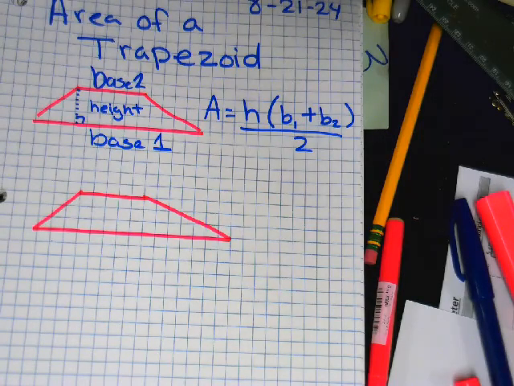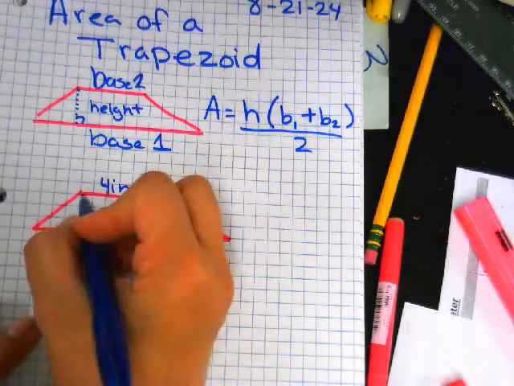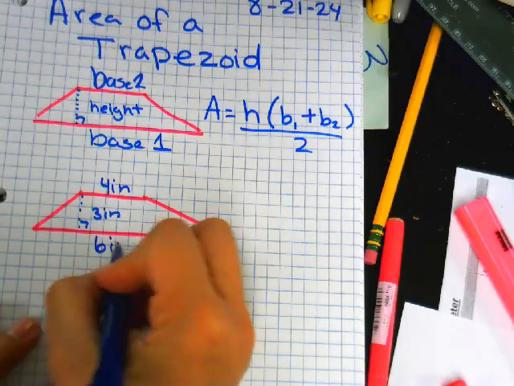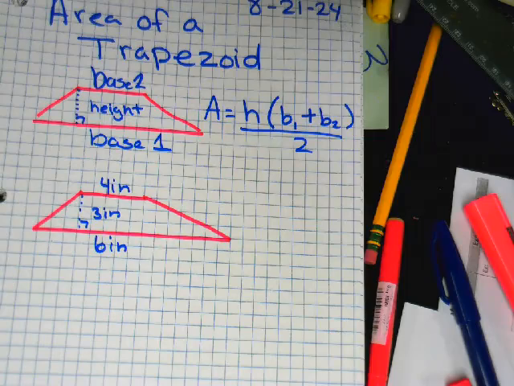My first one. Interesting. All right, let me give you some numbers. 4 inches, 3 inches, 6 inches. 4, 3, 6.